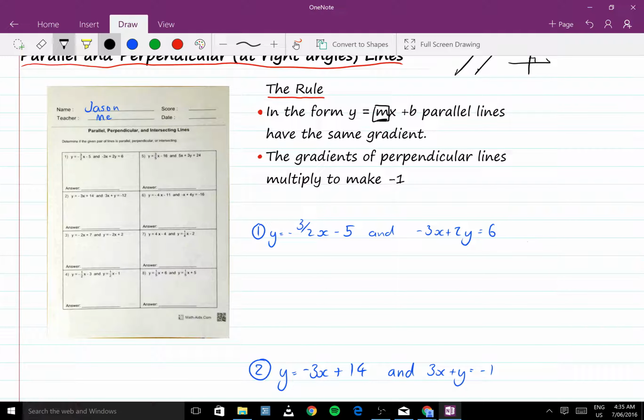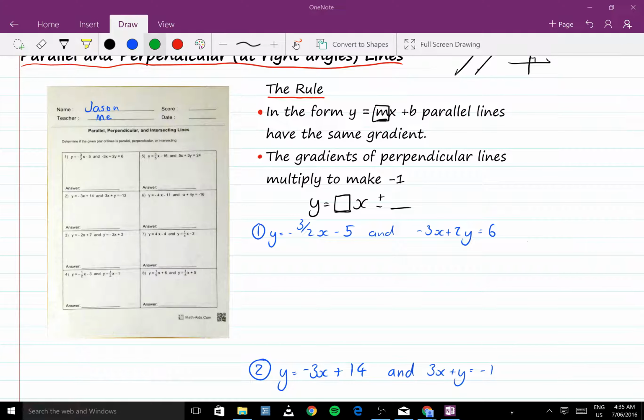So what I need to do is put them into the form of y equals some number in front of the x plus or minus some other number. Once they're in that form, I can look here and work out if they're parallel or perpendicular.